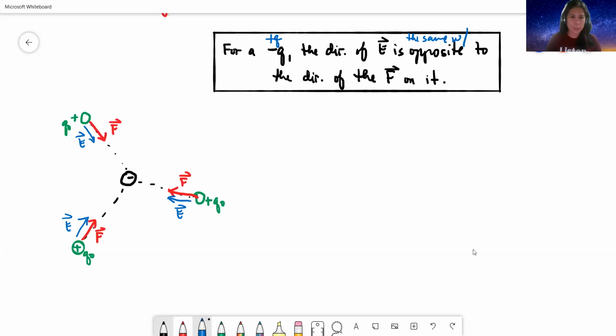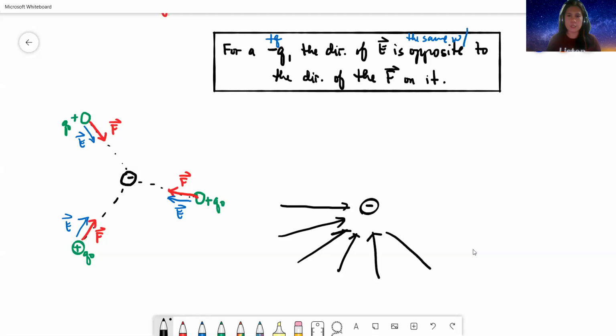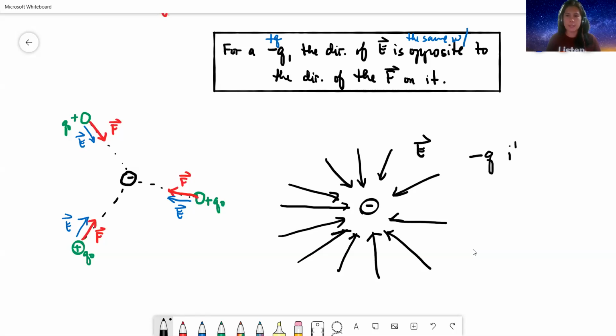Kaya, when you see any physics book on electric field, it will show a negative charge like that, and the electric field is radially into the source. These are the electric field lines going in. So for a negative charge, its electric field is directed into it.